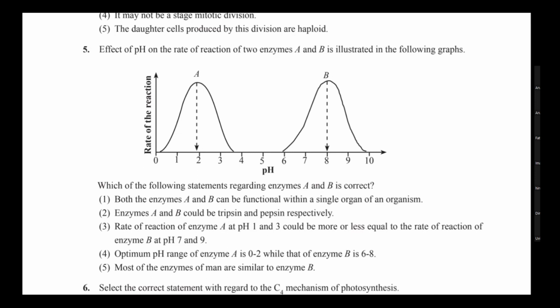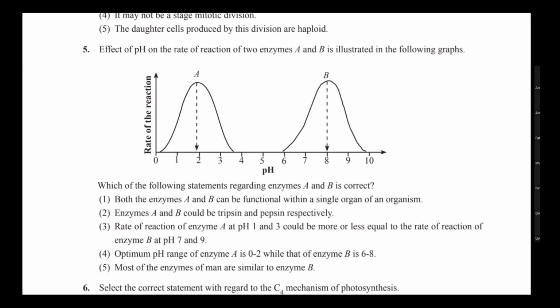Optimum pH of A is 2 and optimum pH of B is 8. But they have not mentioned anything about an optimum pH range in the resource. Pepsin's optimum pH is 2 and in trypsin it is 8. So fourth statement is also incorrect.